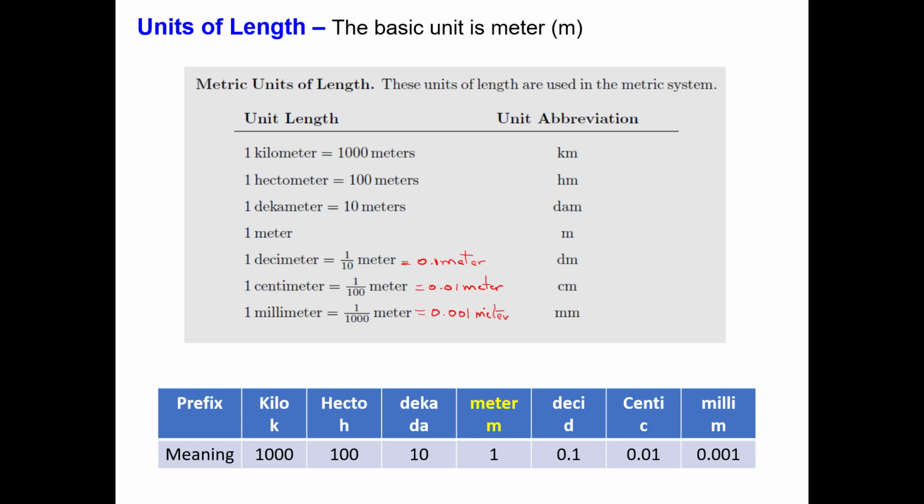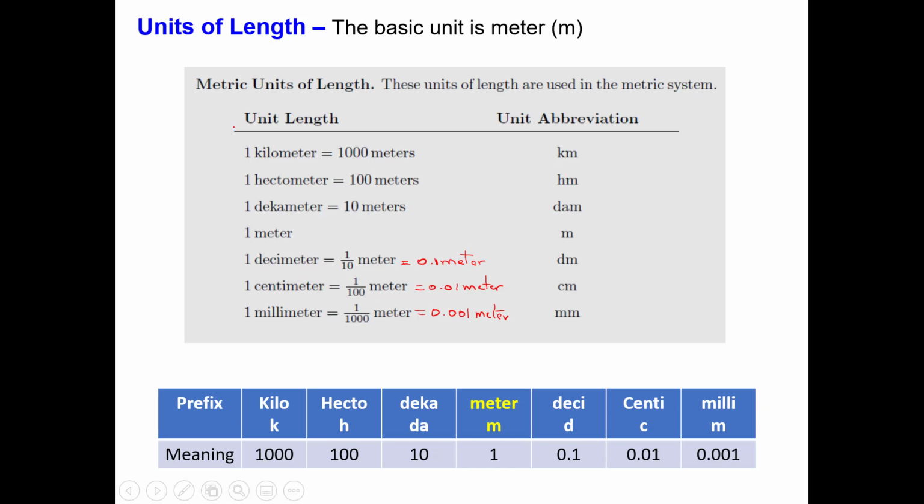The abbreviation for each of these units of length: kilo is K, hectometer is H, decameter is DA, and this is the base unit. Decimeter is just D, centimeter is C, and millimeter will be mm.